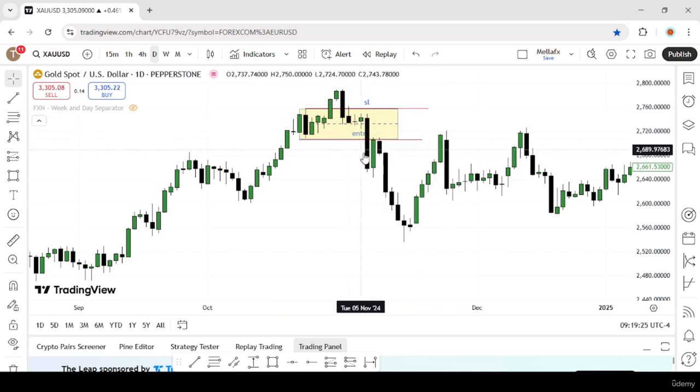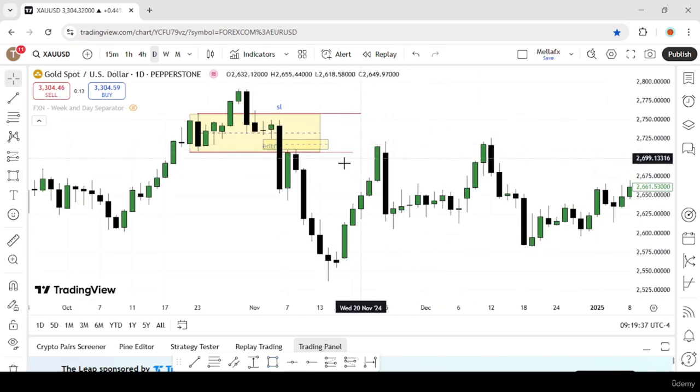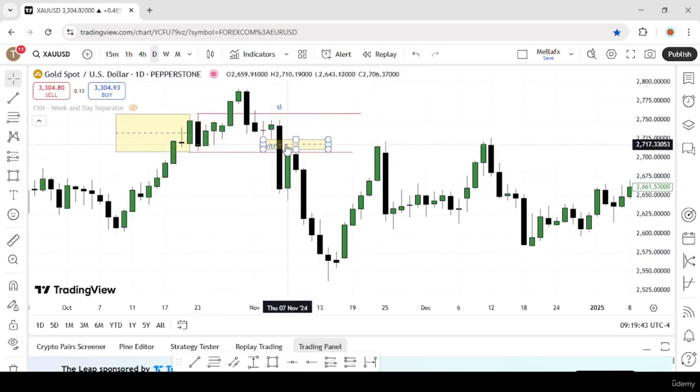We see that we confirm a break in structure, and also we confirm this breaker with a dynamic move. Another thing, we see that there's evidence of an imbalance here. So essentially, we want to see something like this. Sometimes we may get an imbalance, sometimes we may not.